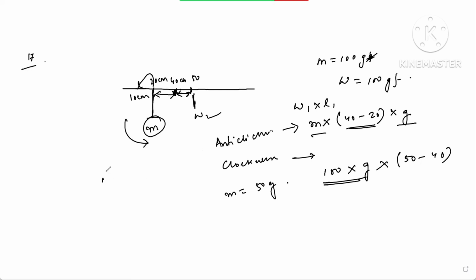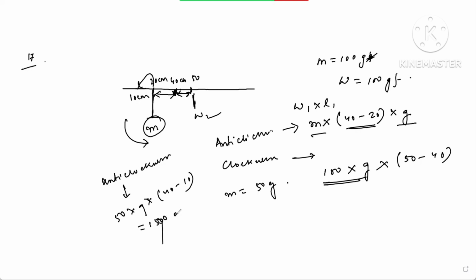How? The anti-clockwise moment will be 50 into g into 40 minus 10. Now the distance is 40 minus 10.